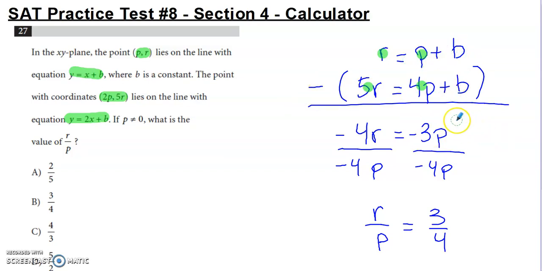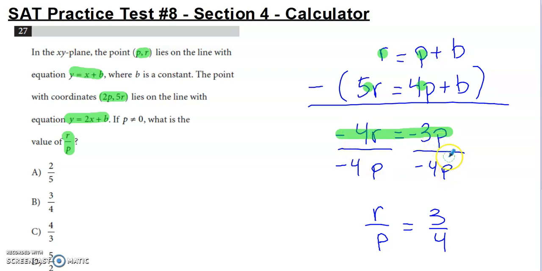b is now gone. Now, I want to determine what r divided by p is, right? We want to know what the value of that fraction is. So if I divide both sides of this equation by negative 4, that'll remove the negative 4 as the coefficient of that r.